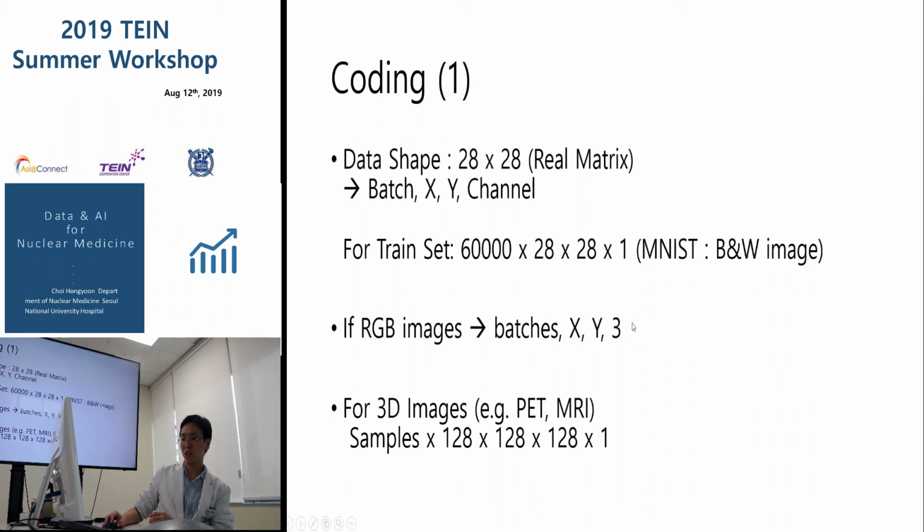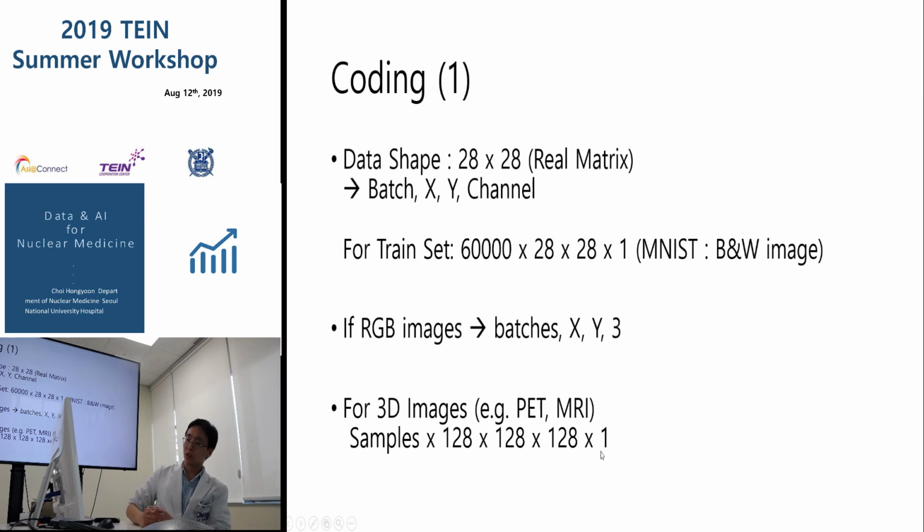And for 3D images like PET or MRI, we should reshape our matrix like this. The first dimension is samples, the second is the x-axis, the third is the y-axis, the fourth is the z-axis, and the last is the channel.